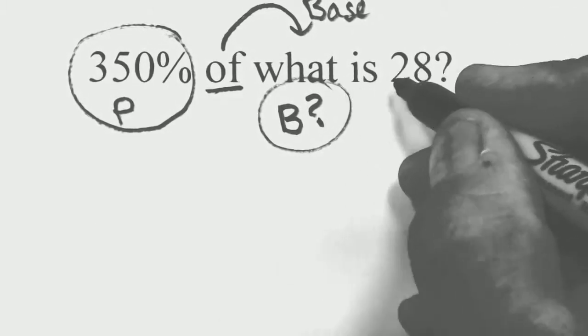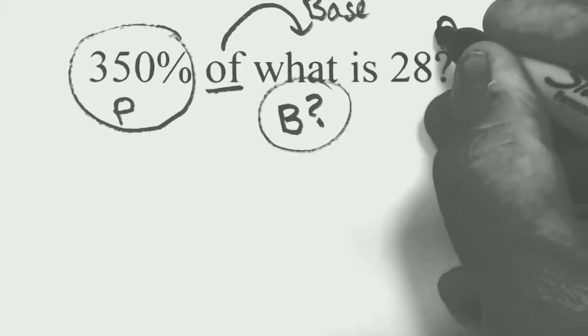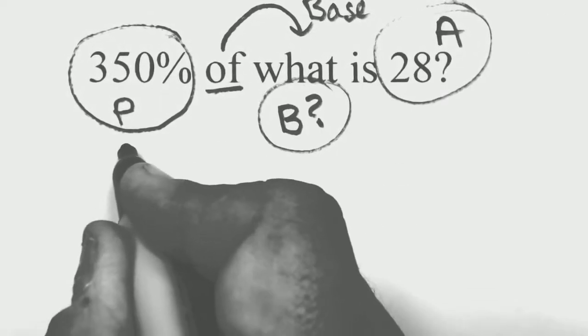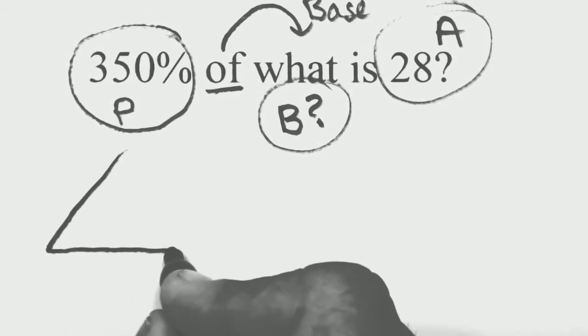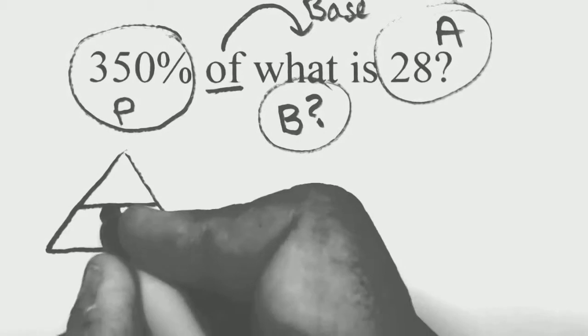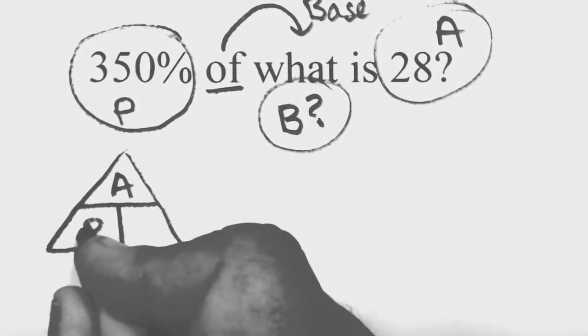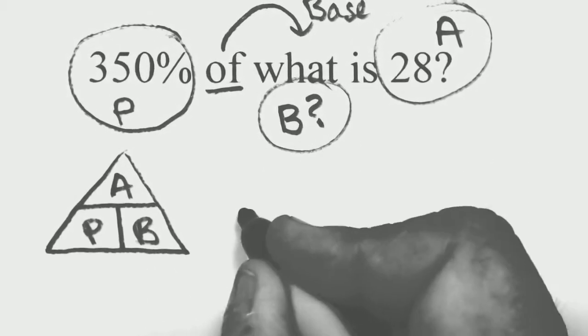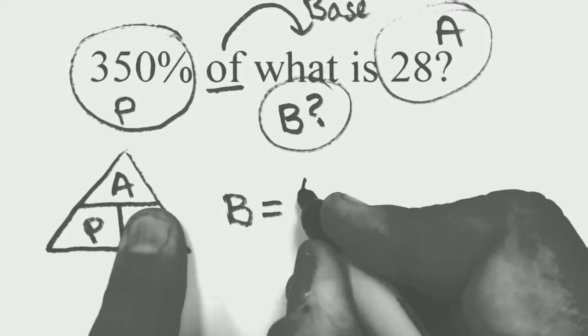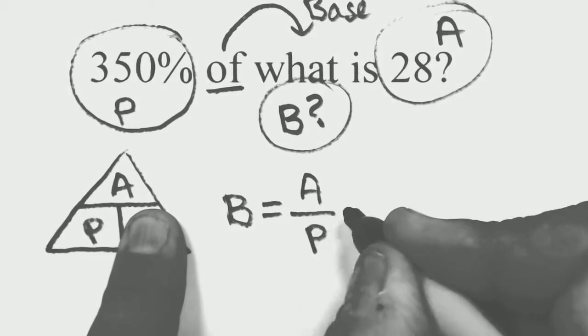It's usually close to the is, one side or the other. So here's the A. Okay, well, in this particular problem, we're solving for the base, so we can use our triangle again here with the T in it. A equals P times B. We're solving for B equals, cover up the B, equals A over P.